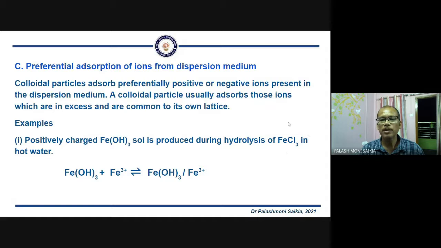And since the system has a large amount of ferric ion that is in excess, the ion which is in excess and common is adsorbed. So ferric hydroxide will definitely adsorb ferric ion and become positively charged. Only that ion is adsorbed which is in excess and which is common to its chemical composition. So ferric hydroxide will not adsorb any OH ion, but it will adsorb ferric ion because ferric ion is present in the system.